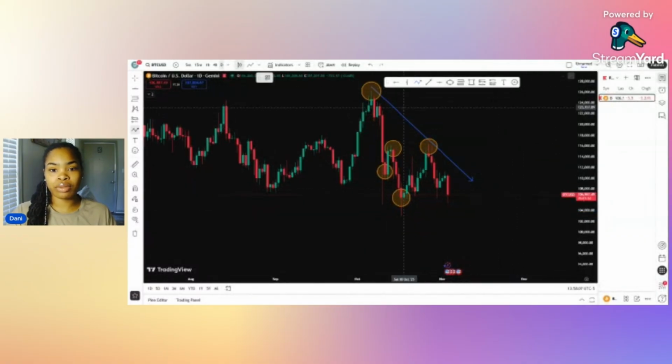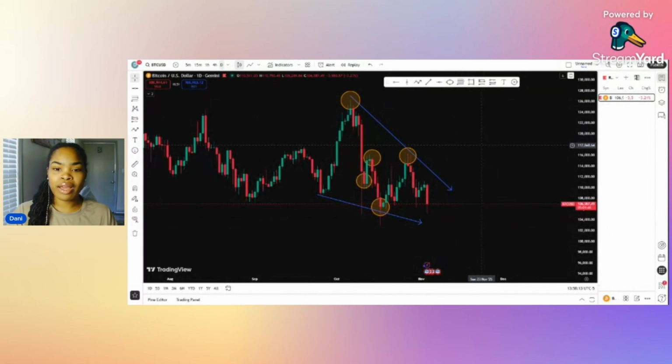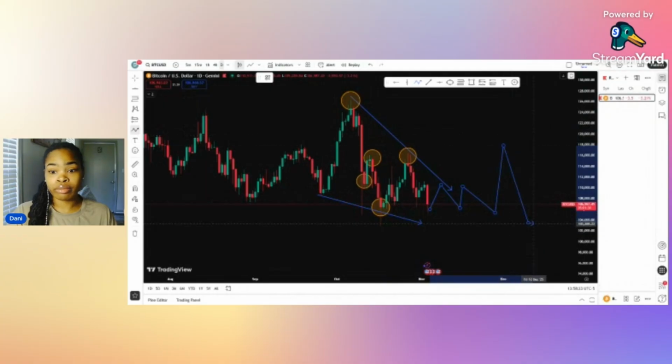End of discussion. Okay. However, do you not think that after price gets trapped up, it's going to want to try and retest this area? Who's to say? We don't know, right?